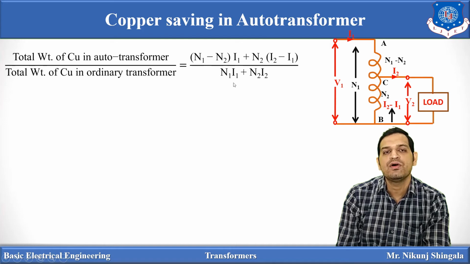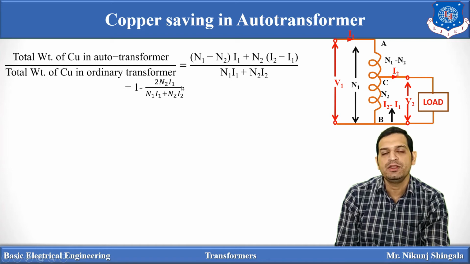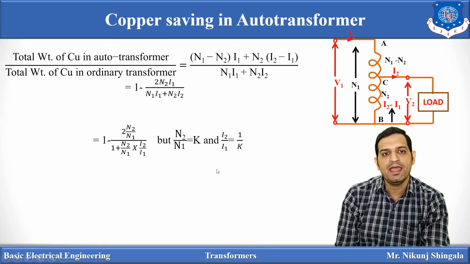If we solve this expression, we get 1 minus 2 N2 I1 divided by N1 I1 plus N2 I2. Now dividing numerator and denominator by N1 I1, we get 1 minus 2 N2 by N1 divided by 1 plus N2 by N1 into I2 by I1.